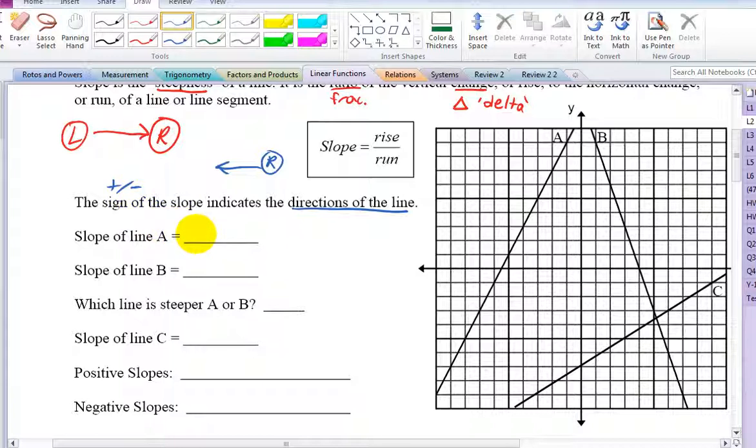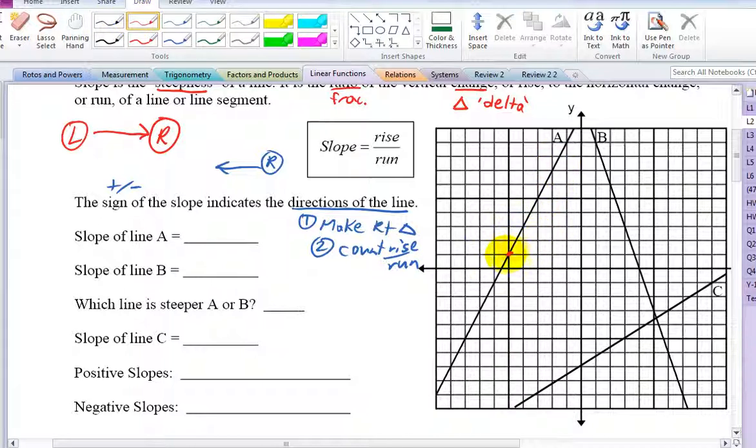So looking at slope A, we're going to measure its value. Number one, you want to make a right triangle. Number two, you want to count your rise and your run and make a fraction. So I have to find points on my line because I want whole numbers.